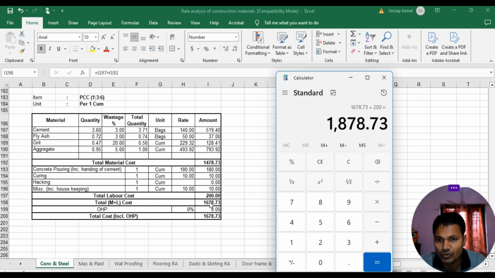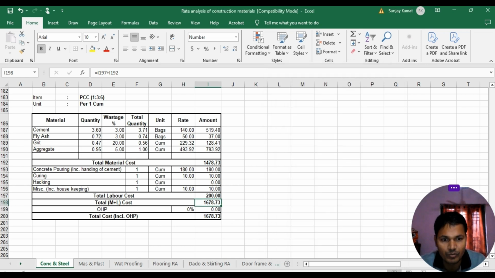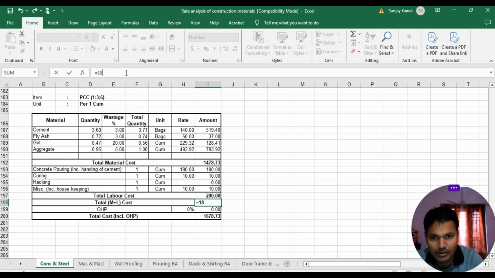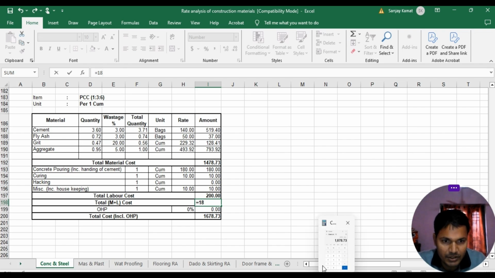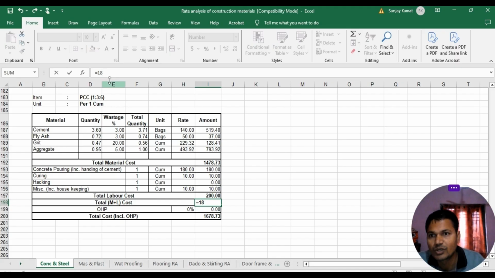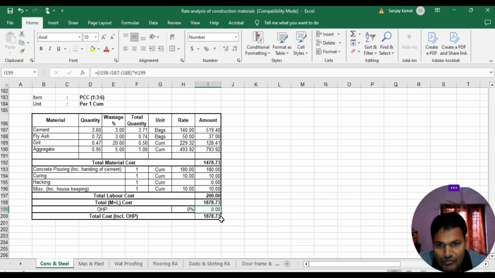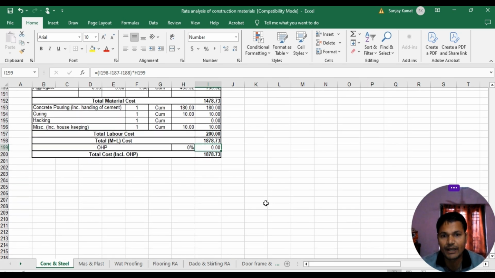This is 1878.73. The earlier value is wrong, so we are going to edit this value and write 1878.73 here.